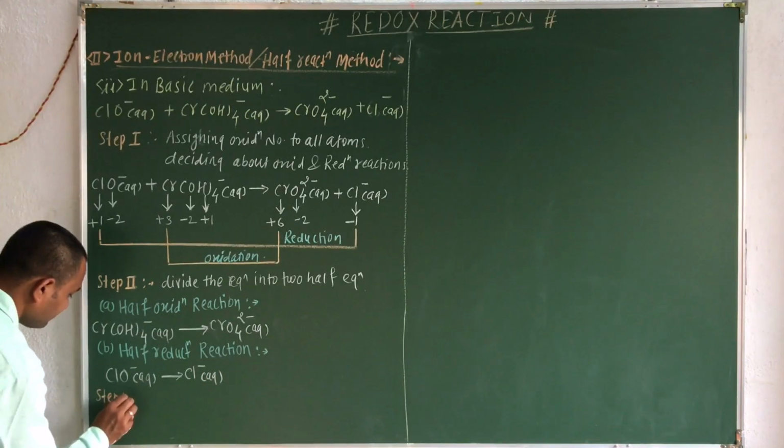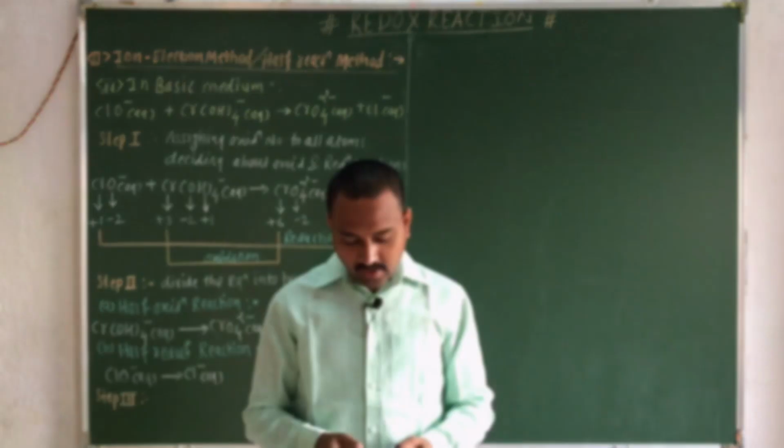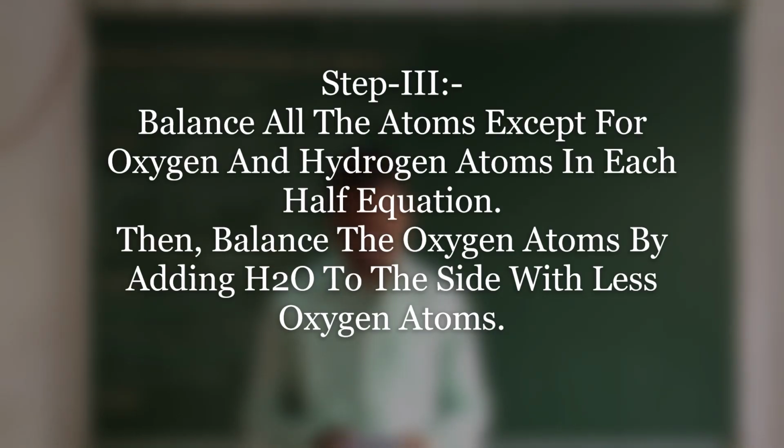Step number three: balance all the atoms except oxygen and hydrogen in each half reaction, and then balance oxygen atoms by adding H2O to the side with fewer oxygen atoms.